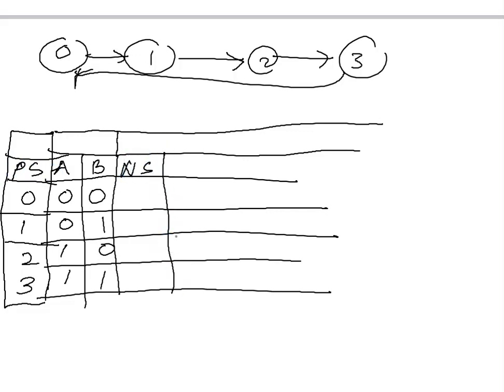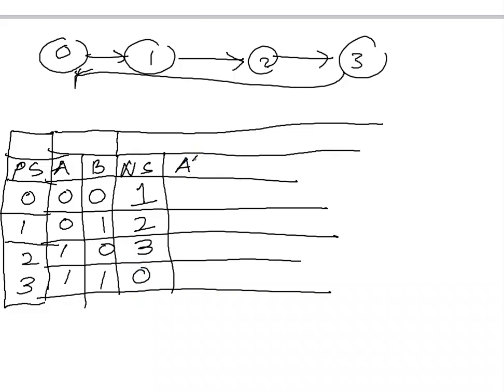This one from 0, previous state 0, next state will be 1. Then previous state 1, next state 2. Previous state 2, next state 3. Then previous state 3, next state 0.